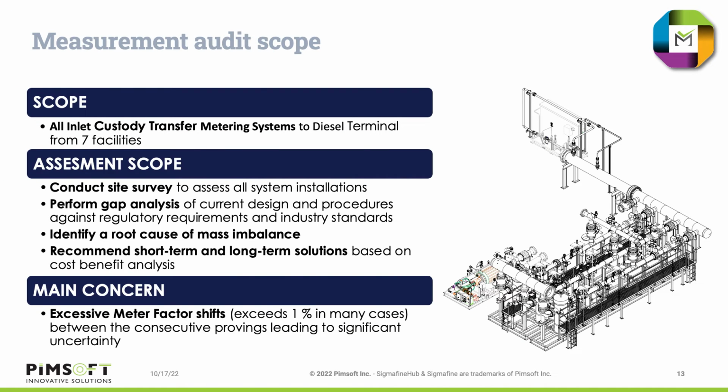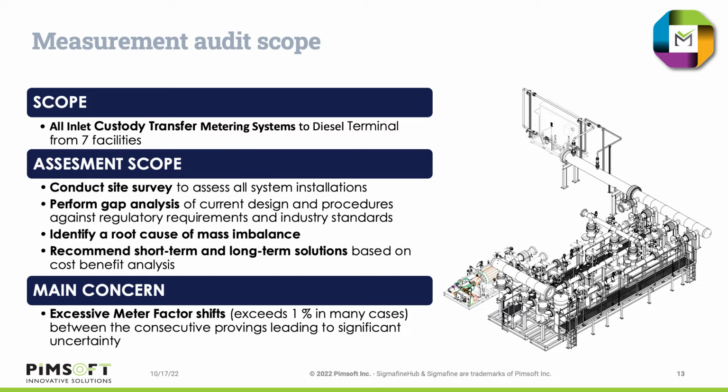As the export metering skid was believed to perform satisfactorily, measurement audit was conducted focusing on the inlet meters. The audit objective was to perform a gap analysis on the inlet meters to identify the root cause of the mass imbalance and recommend remedial actions as appropriate to rectify the identified gaps.